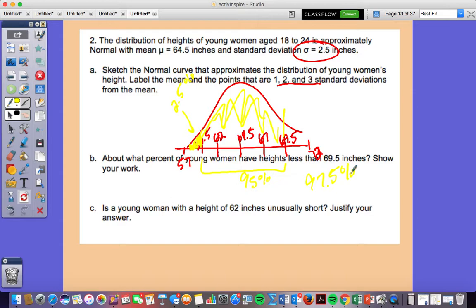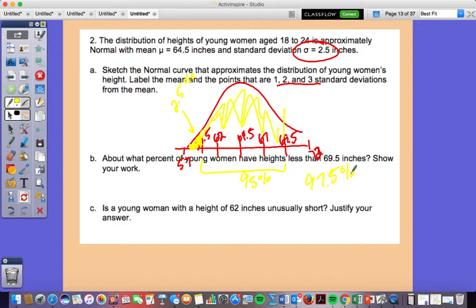Good, which means that women that are less than 69.5 would fall in the 97.5th percentile. I think I said that right. But that's how we would put that down. That's how we'd interpret it. All right, questions on that right there? Is this making some sort of sense? Yes? Okay. Let's go to this next one.